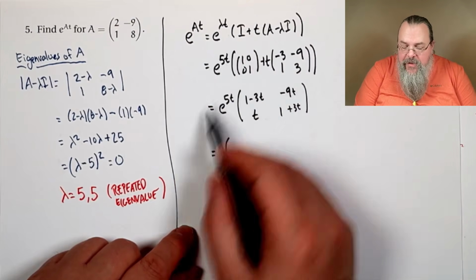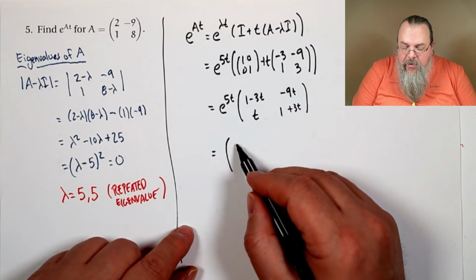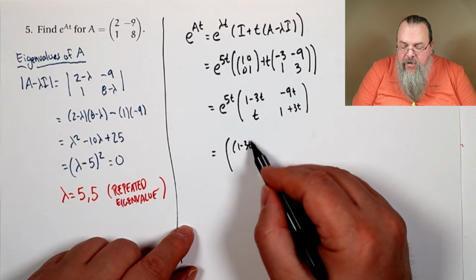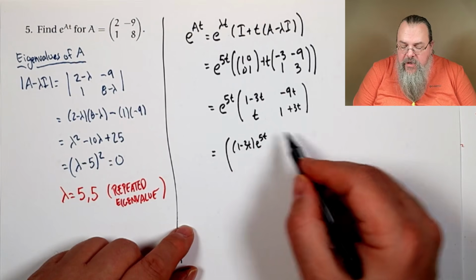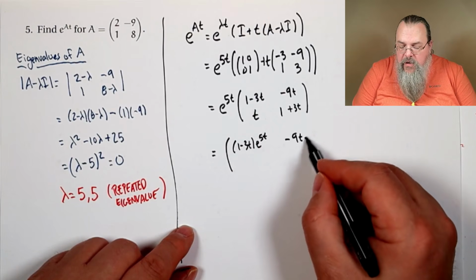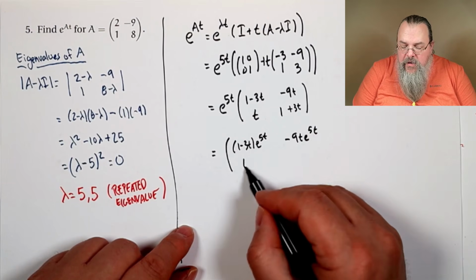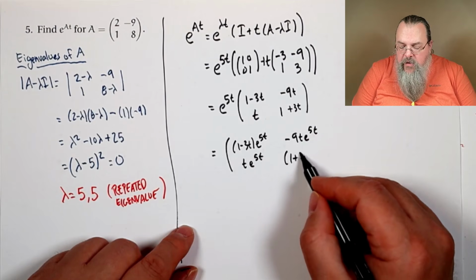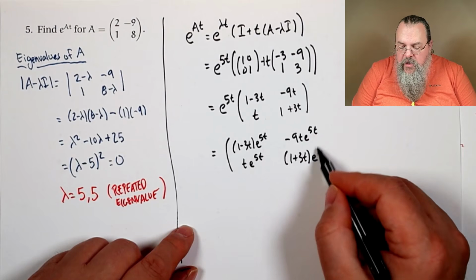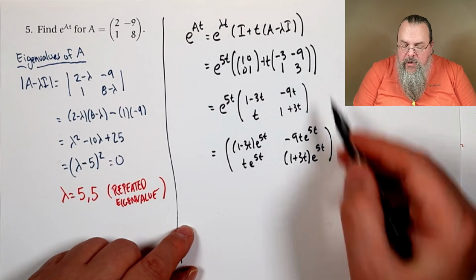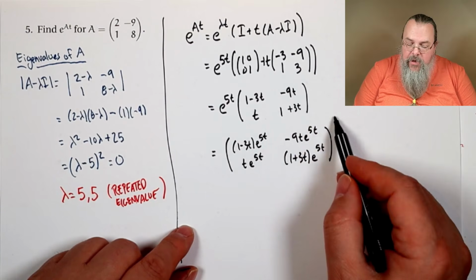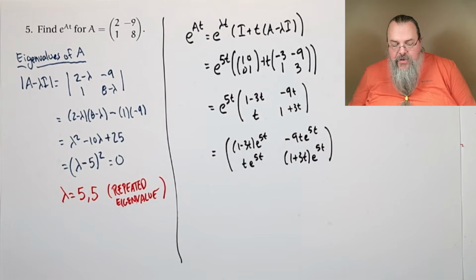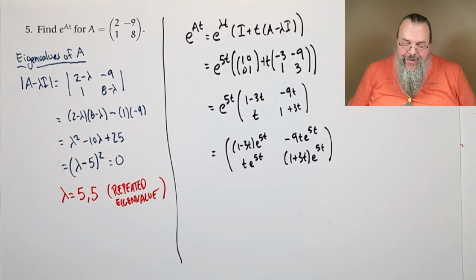Some people like the second thing. Some people like the third, which we're about to write down. Multiply the e to the 5t in. And whichever way you like to write it, as long as the instructions allow it, I think all three are great answers. But I'm going to throw a box around the last one we put down.